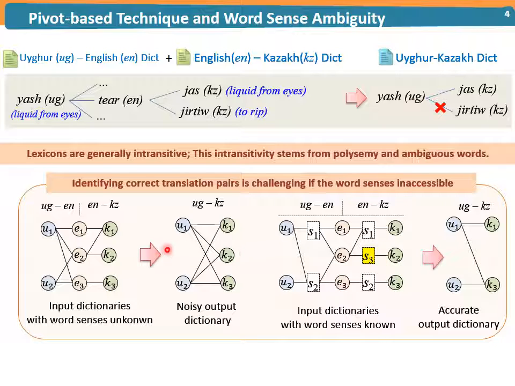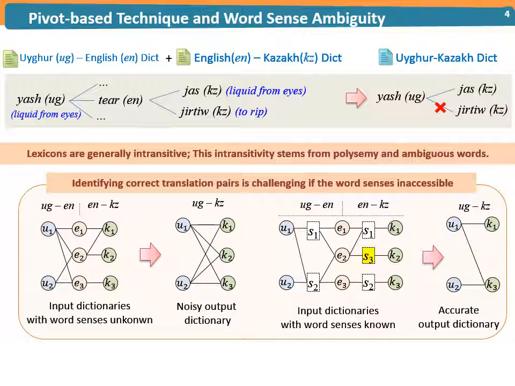But this happened, they are paired because E2 is a polysemous word which has 3 meanings, from S1 to S3. So when we consider the sense information, the correct output dictionary should only contain 3 pairs.